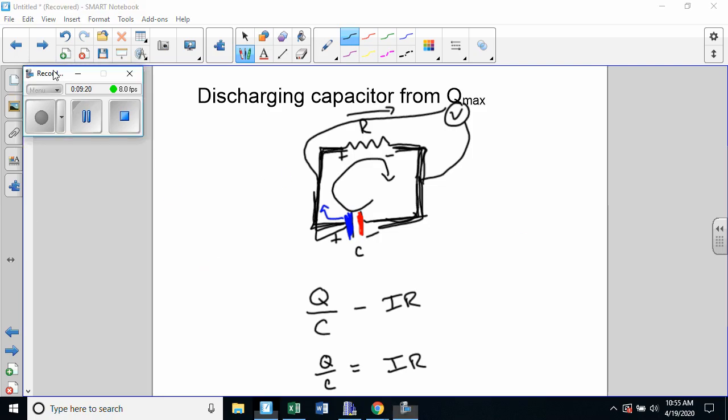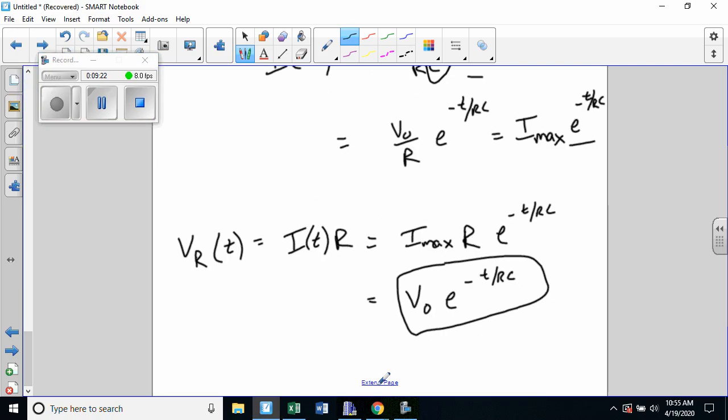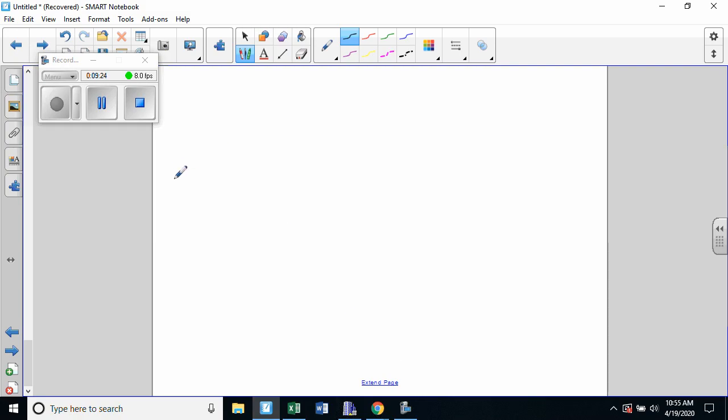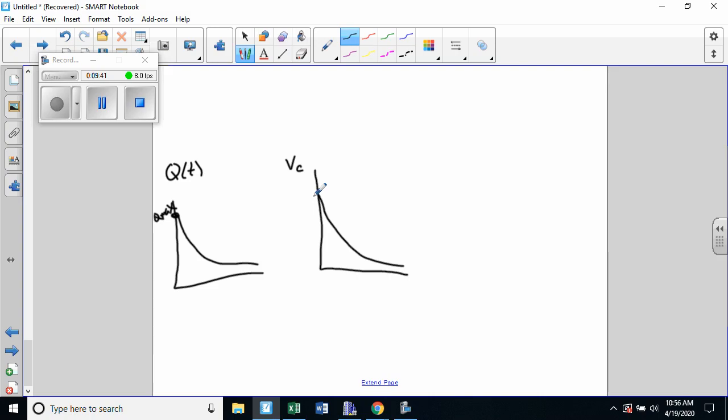So for the discharging capacitor, it's pretty simple. The four graphs are all exponential decays. Charge as a function of time is an exponential decay, and it starts out with whatever charge you had placed on the capacitor. Voltage on the capacitor is an exponential decay, also starting out at some value V naught.